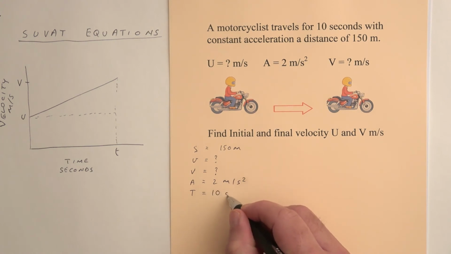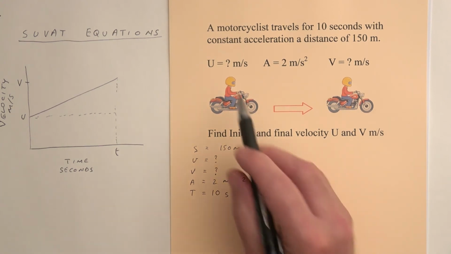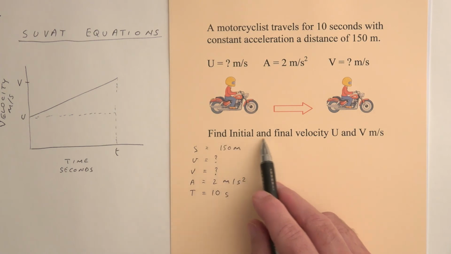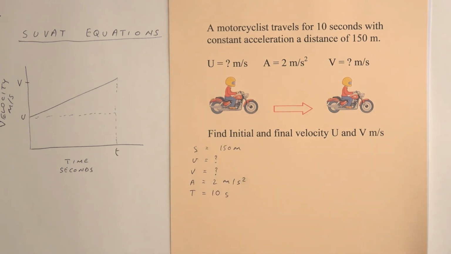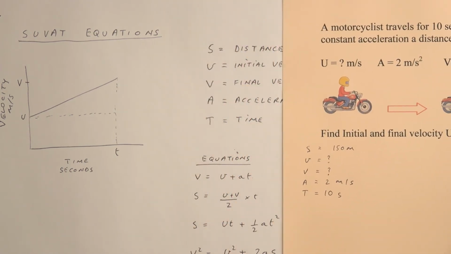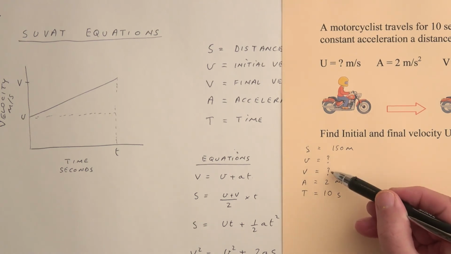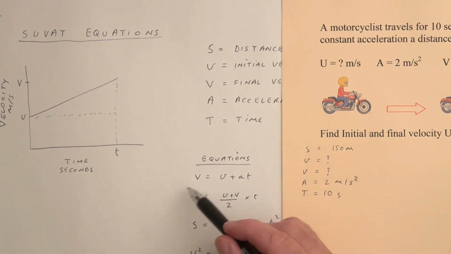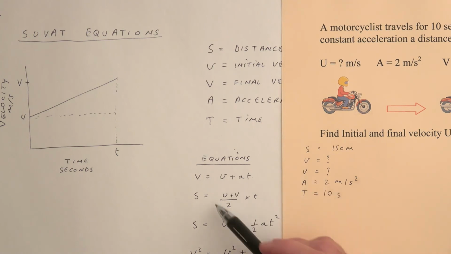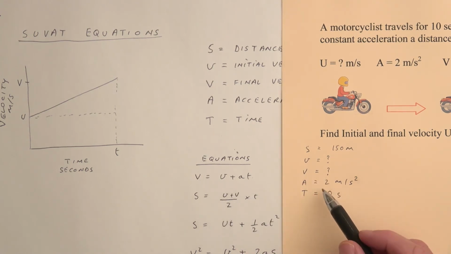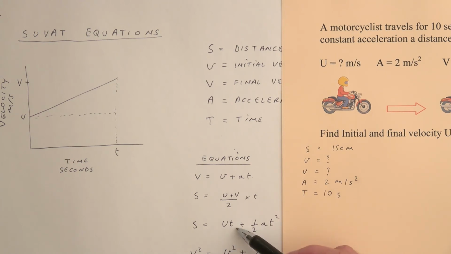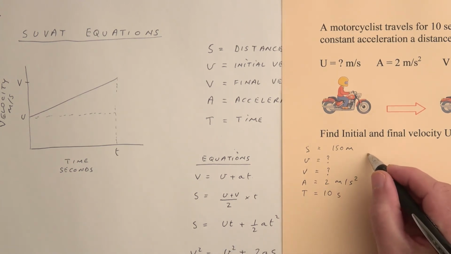Okay. Let's have a look. We can't use the first one. Can't use the second because it's got u and v in. We can use, yes, this third one, I think.